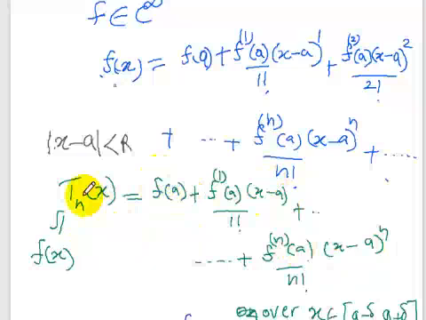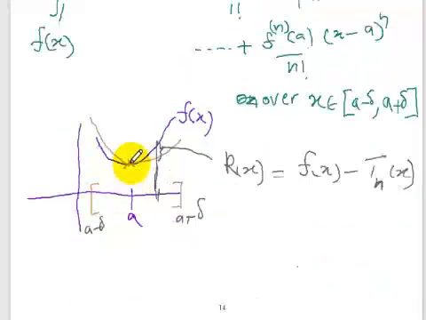Both are the same. So at the center, the approximation and the function value at that point are the same. There is no difference.